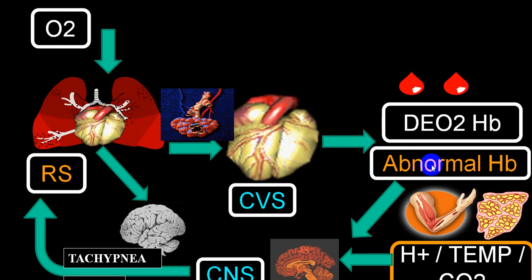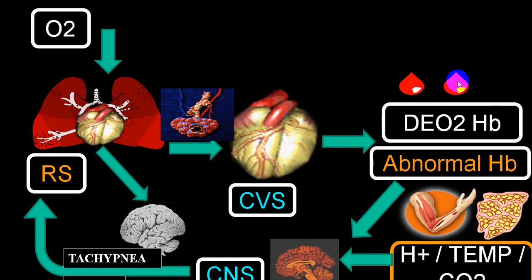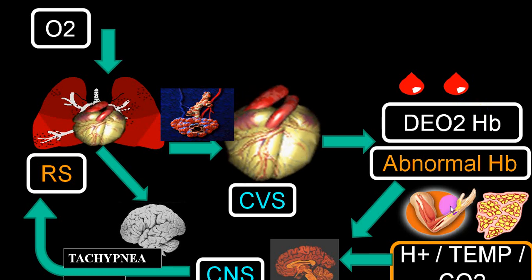As well as if there is an abnormal hemoglobin, say like sulfhemoglobin, methemoglobin, you will have central cyanosis. But because of anemia, you will not develop cyanosis. And in a histotoxic condition also, you will not develop cyanosis. Histotoxic hypoxia, that is cyanide poisoning, you will not develop cyanosis.